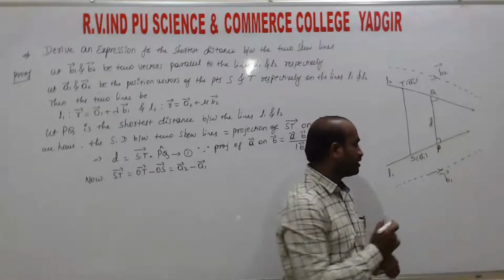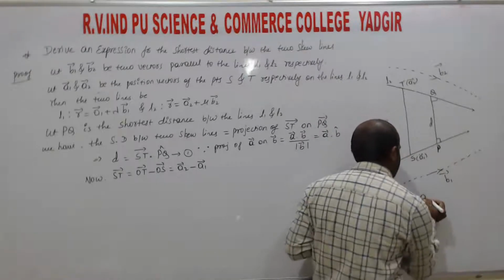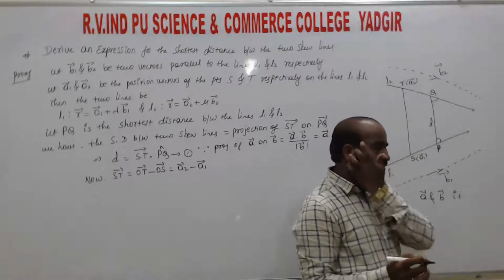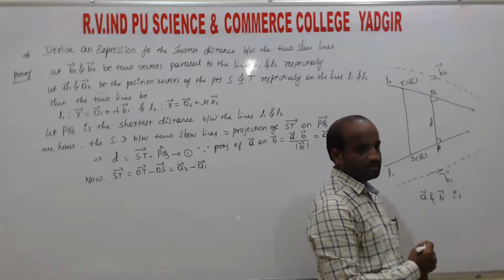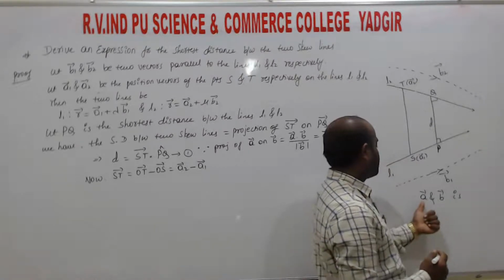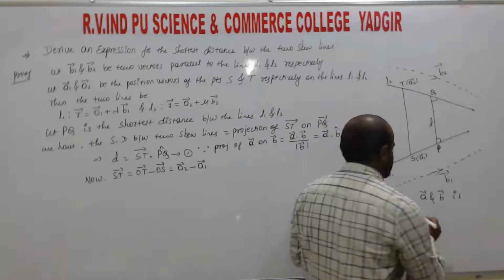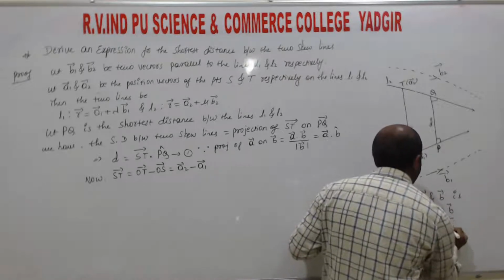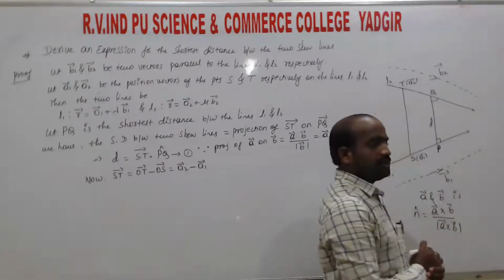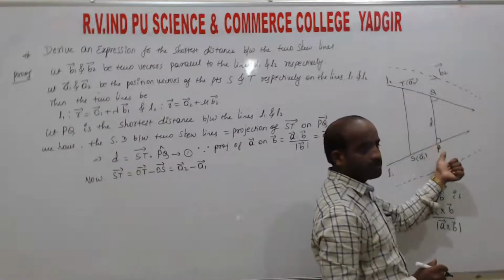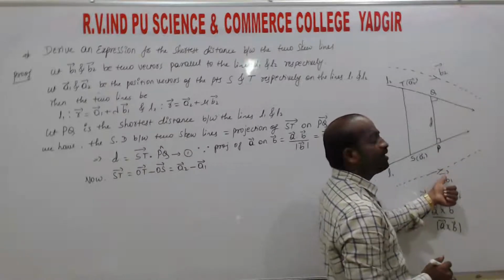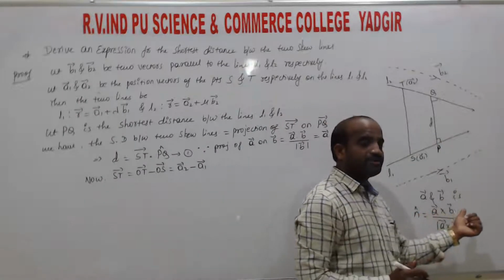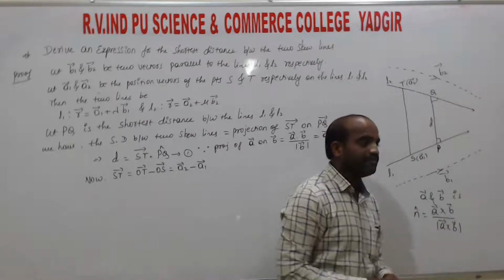We use the unit vector perpendicular to both A vector and B vector, given by the vector product or cross product of the two vectors: N cap is equal to A cross B divided by the magnitude of A cross B. PQ cap is the unit vector perpendicular to both B1 and B2, so PQ cap is B1 vector cross B2 vector divided by the magnitude of B1 cross B2.